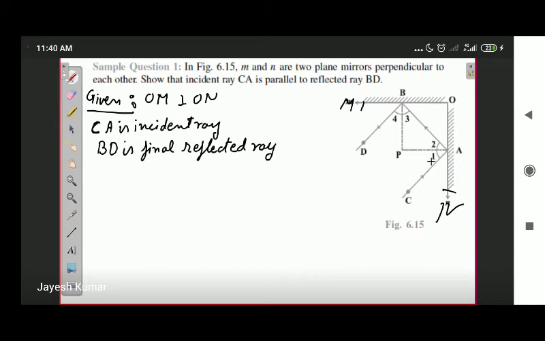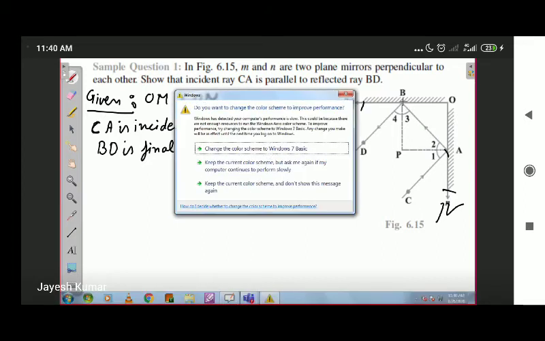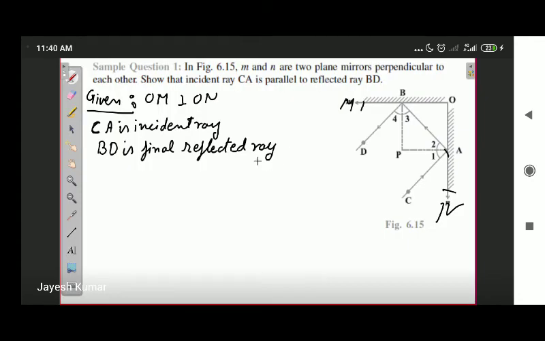We have to draw two normals on both the points of reflection. AB is the reflected ray for point A, and AB is the incident ray for point B. Fine. So CA is the incident ray, BD is the final reflected ray. Okay. We have to prove that both CA and BD are parallel to each other. Line CA is parallel to BD, or we can say DB.